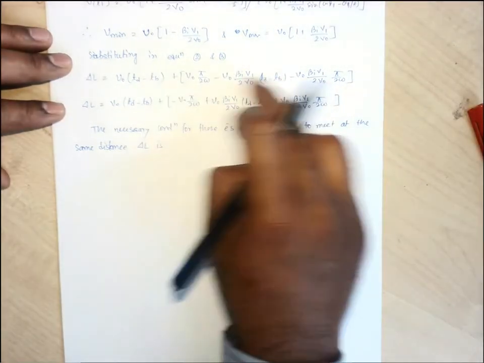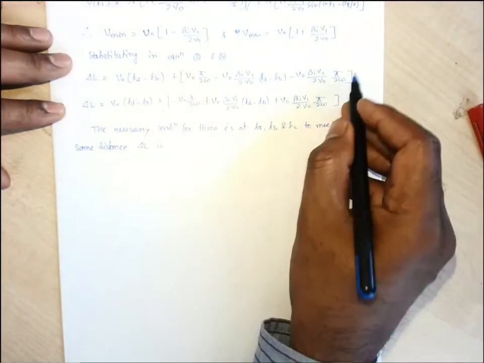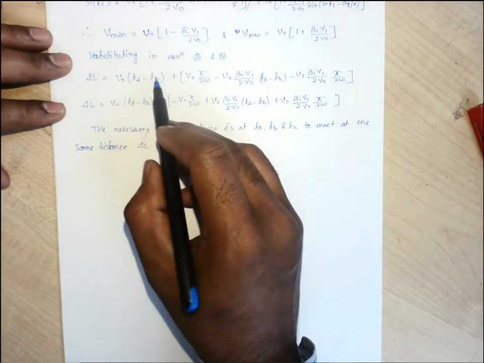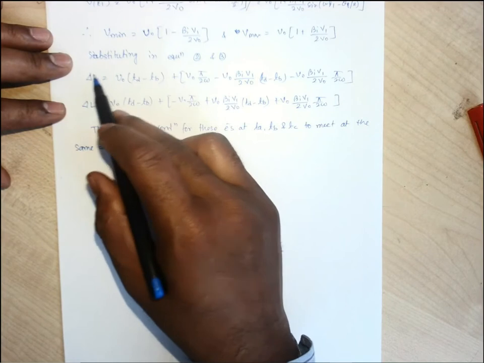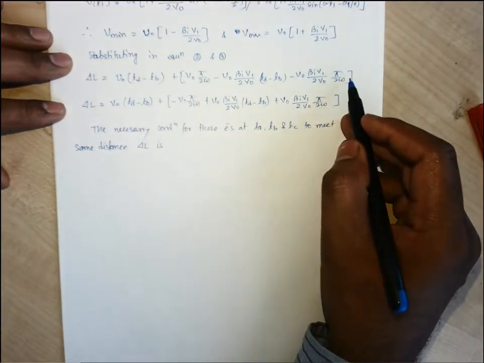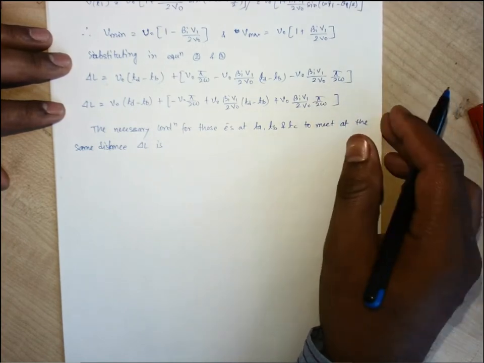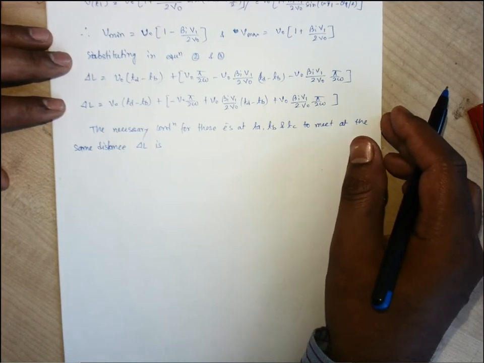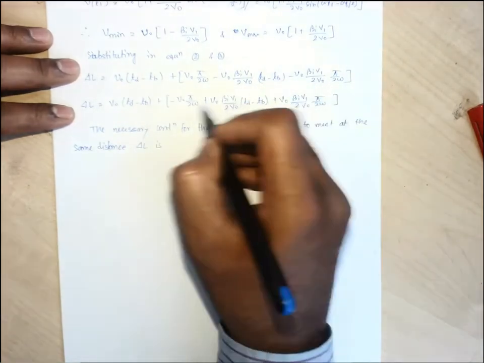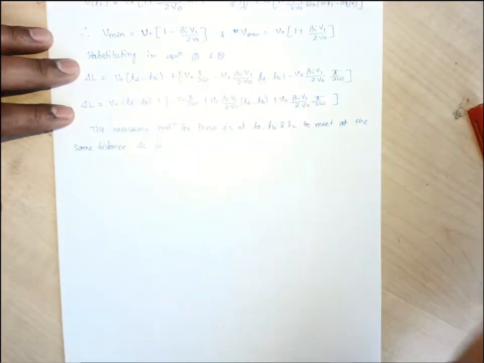This part should be 0. This expression within this bracket should be 0, because this del L, V naught into Td minus Tb, is the del L for the reference electron as well. But this whole expression is for the slower electron, and this is for the faster electron. To have this del L distance covered at the same time by all of the three electrons, if we make this part 0 somehow, then we can say that all the three electrons are reaching the distance del L at the same time.